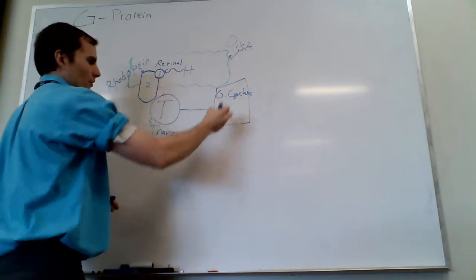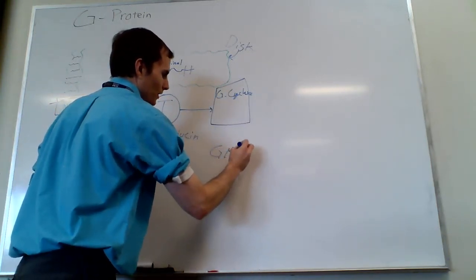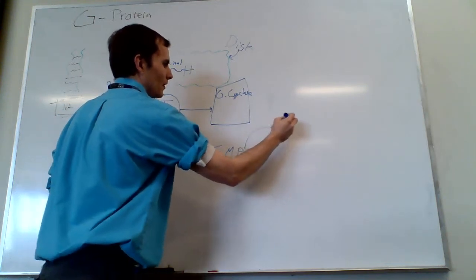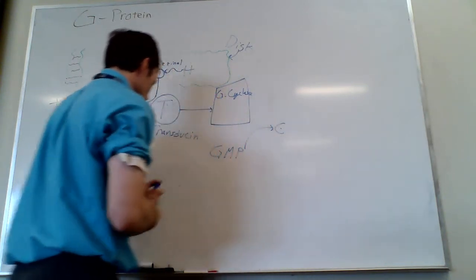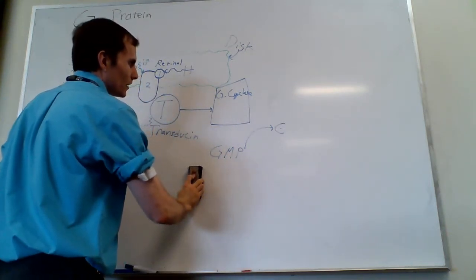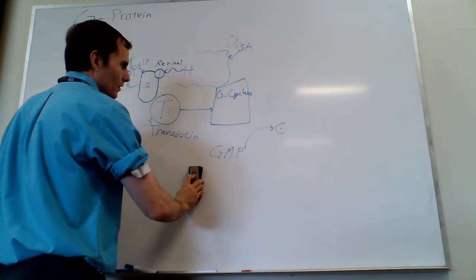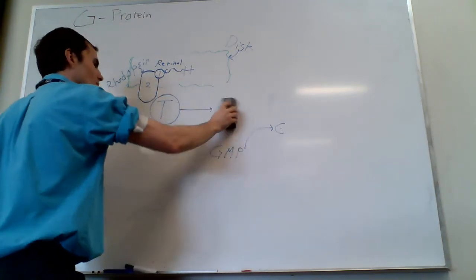All right, so it's going to go ahead and take GMP and make it into, all right. So this is not guanylyl cyclase. This is what happens when you're on a board.